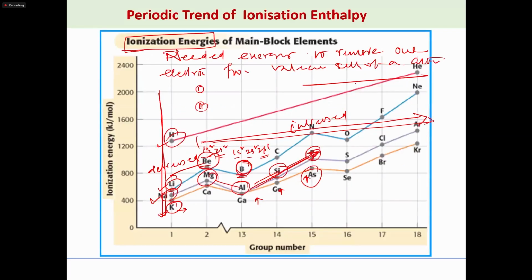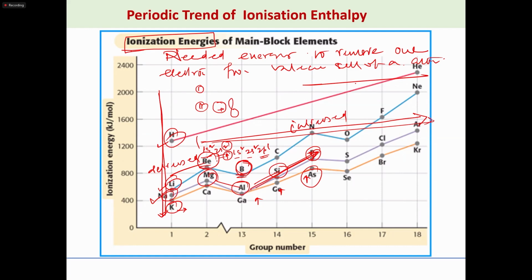So in the beryllium case, the outer shell electron is in the s orbital, which has more penetration. That means this electron is closer to the nucleus, so there is more attraction between the nucleus and the electron.